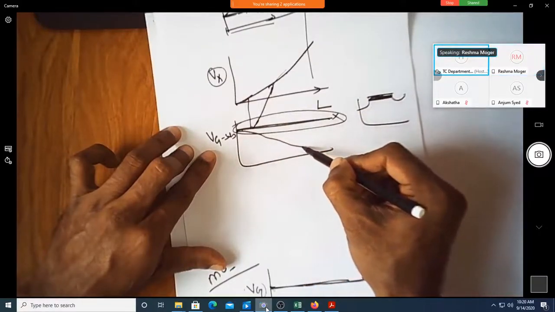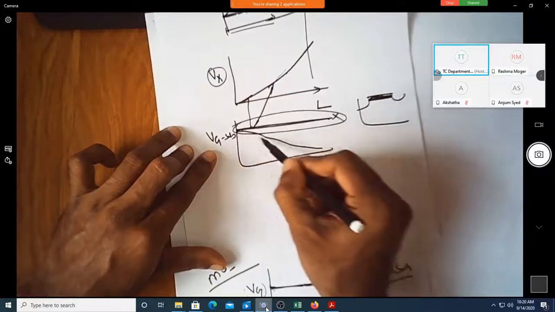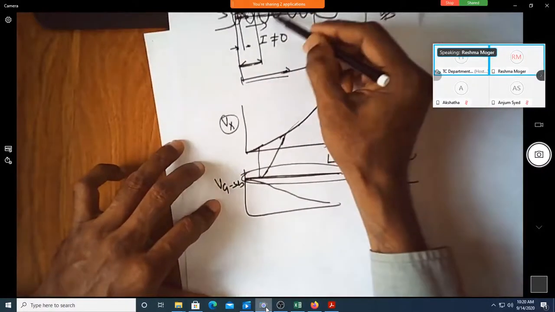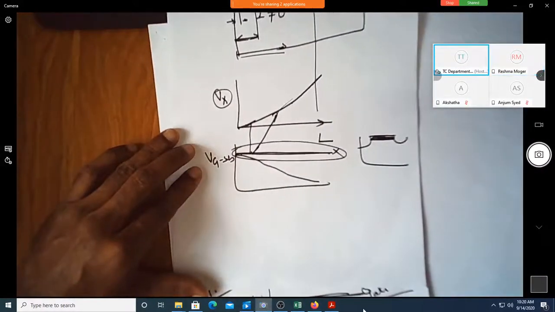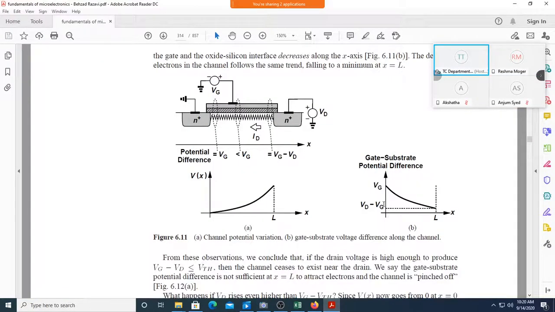You will have an effectively lower gate to substrate voltage in this region. If you can see here, this Vg, that is gate to substrate voltage, keeps reducing towards the edge of your drain. Yes, sir. What does this actually mean? What do you mean by gate to substrate voltage reducing?